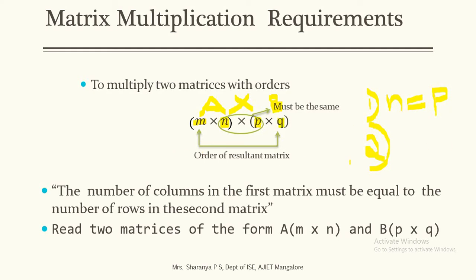That is, the order will be m cross q. If I refer to the resultant matrix as C, then C will contain m rows and q columns. These are the two major takeaways that we have discussed under this topic.